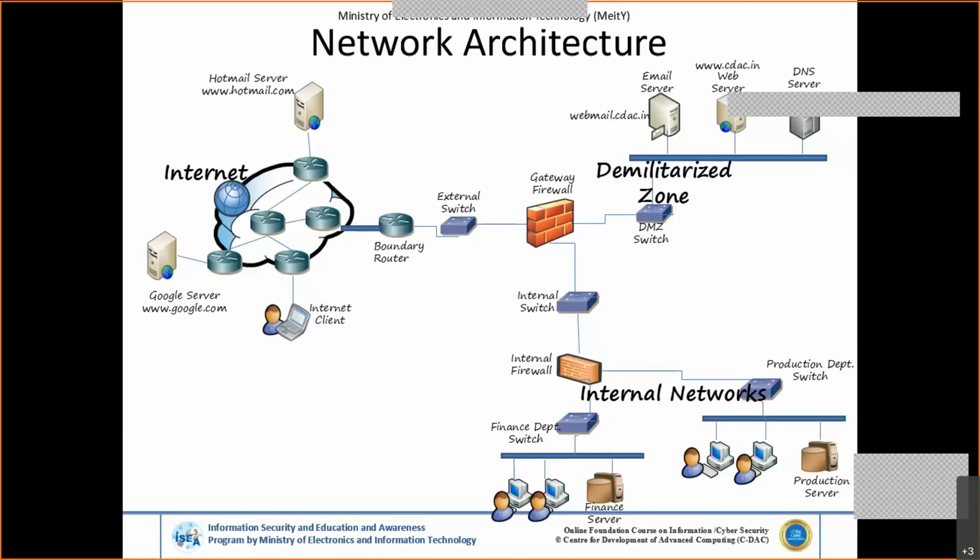The rest of the ports are blocked, or the rest of the services are not allowed for internal people to access on the public network. So even though there is a connection, we are putting a limitation, a rule environment where only certain applications are allowed and the rest of the traffic is denied.